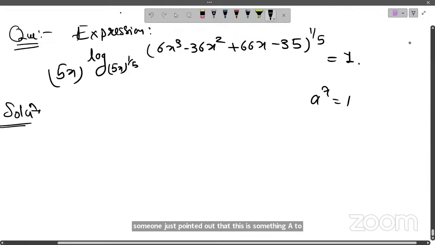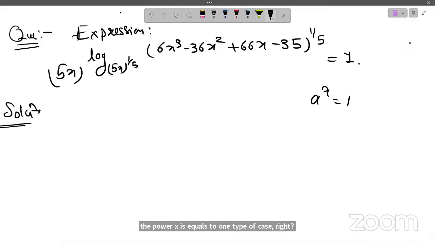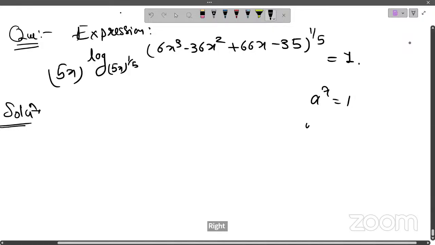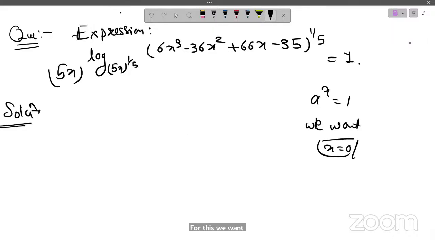This is 5x to the power something equals 1 type of case, right? For this, we want x to be equal to 0. But your log will not be equal to 0.